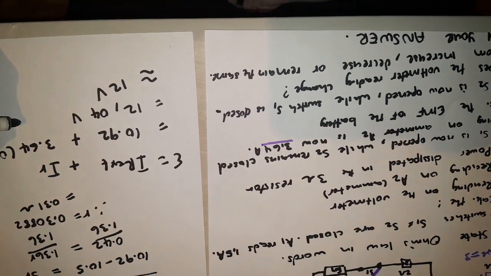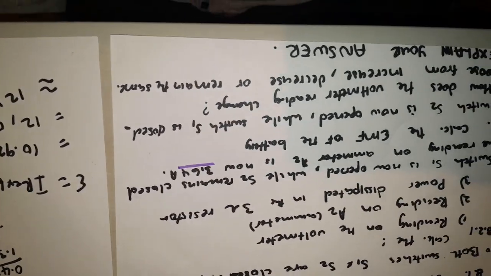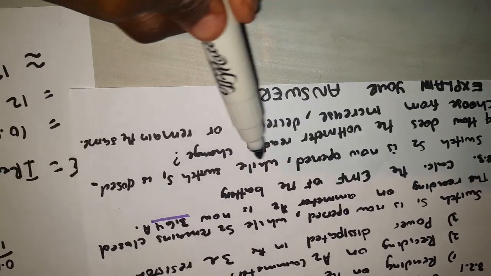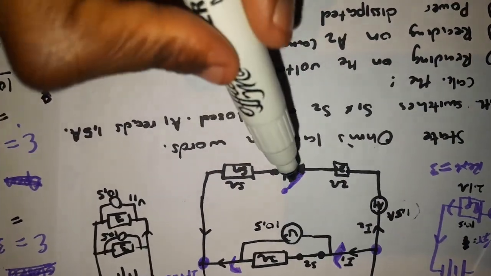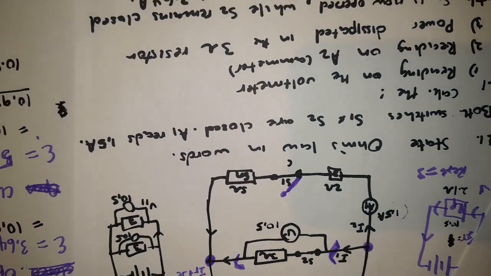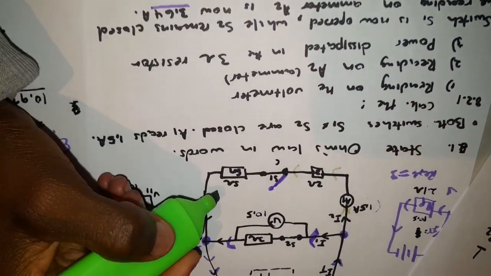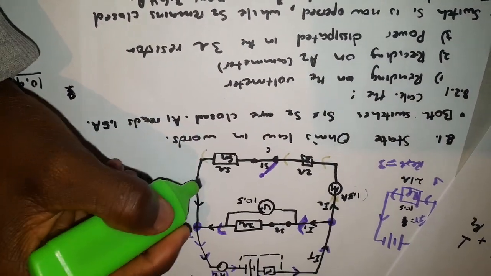So now to the last and final question. It says switch S2 is now opened while S1 is now closed, which means we're only going to be using this route, the one that I'm marking with the green highlighter.